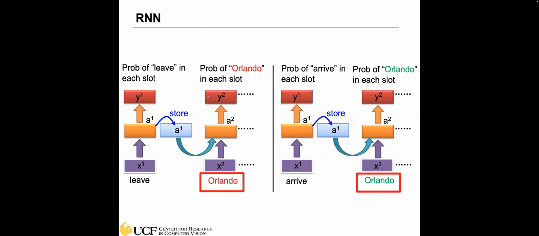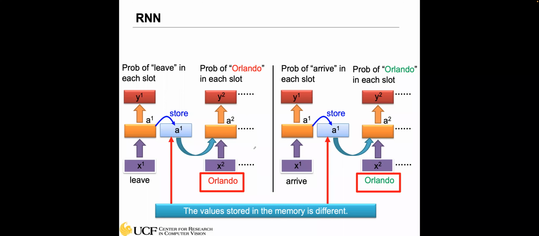And for the previous example, what's the difference between saying leave Orlando and arrive Orlando? Will this recurrent neural network give you a different outcome? The answer is yes, because the value stored in the memory is different. In this case, whatever value generated from leave is stored in the memory.